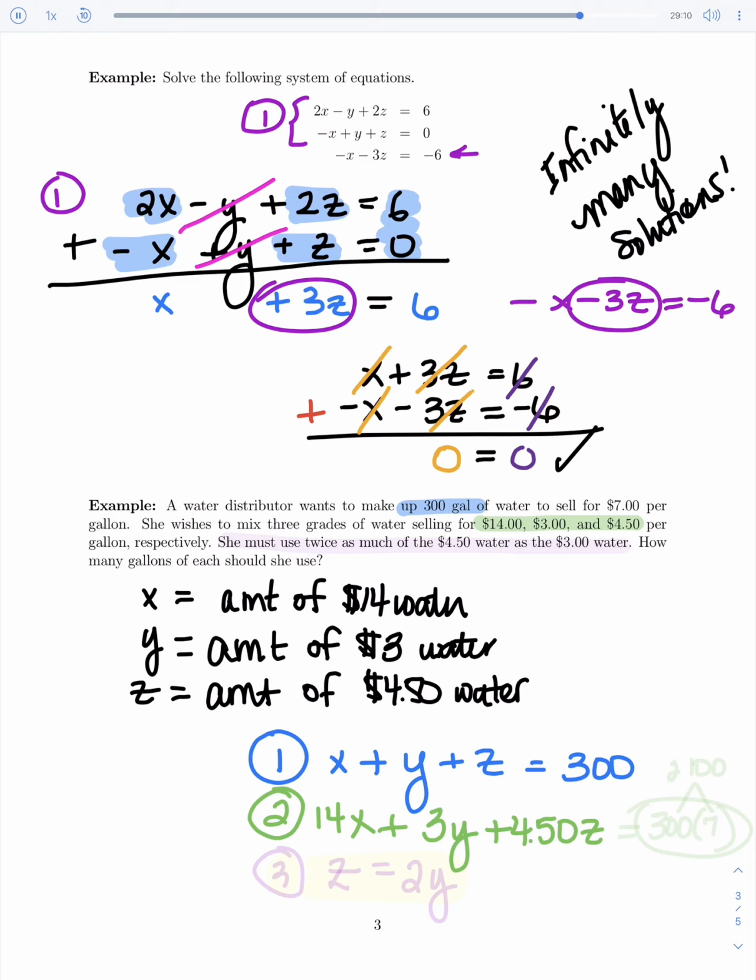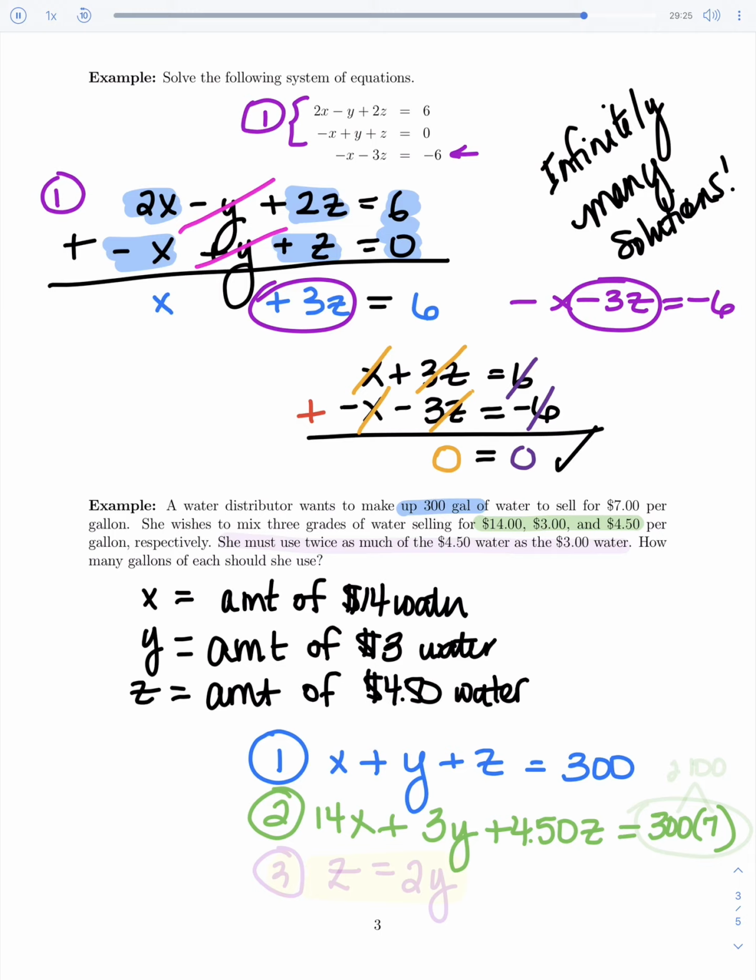And at the end, we want this to be a total of 300 gallons, and we want to charge $7, so 300 times 7. Okay, we've got 2 out of 3 equations now.